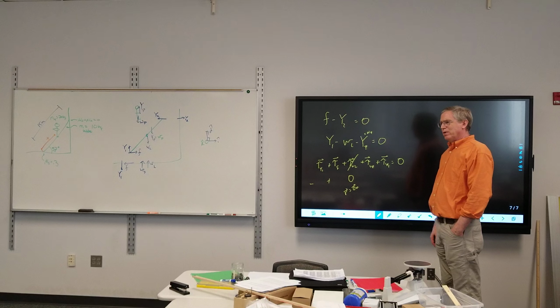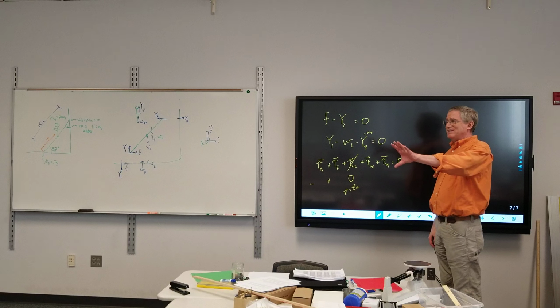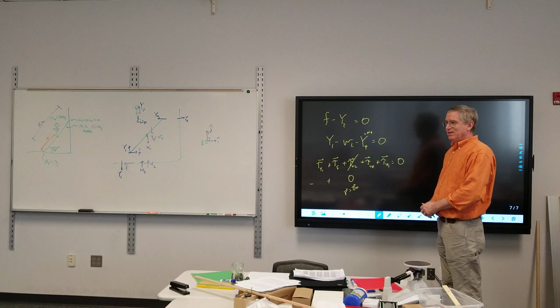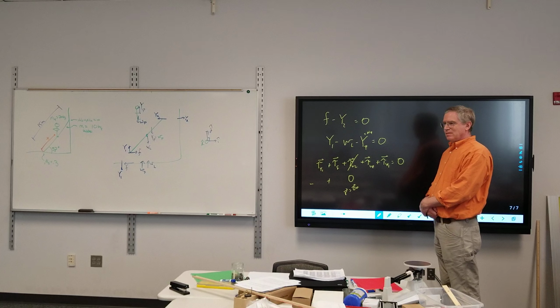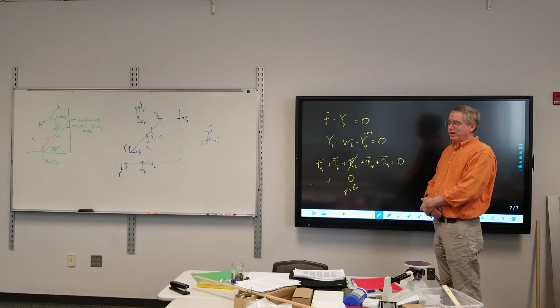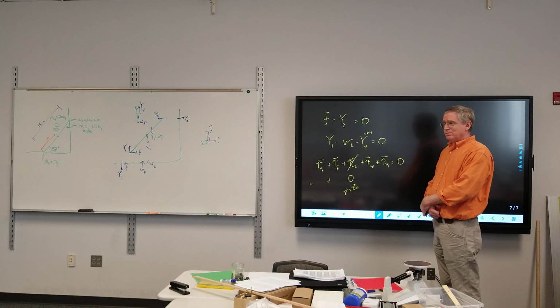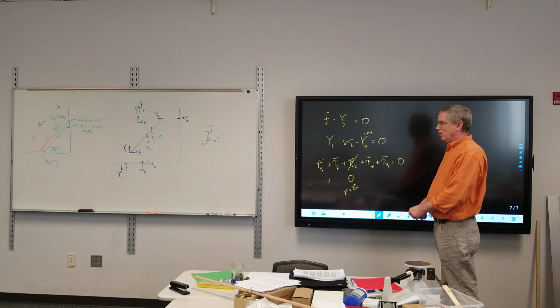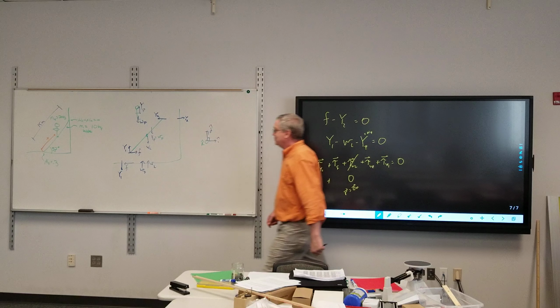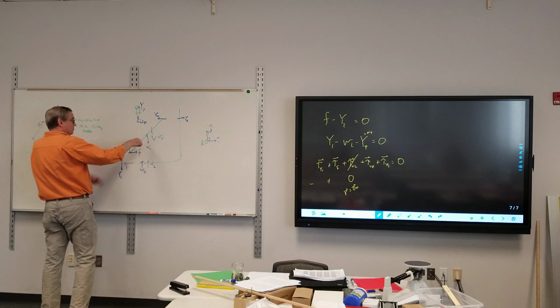Your thumb should be pointing into the board or away from the board. The way I've drawn it right here, if that's my axis and I'm pushing down there, then trying to rotate it like that, so that's into the board.